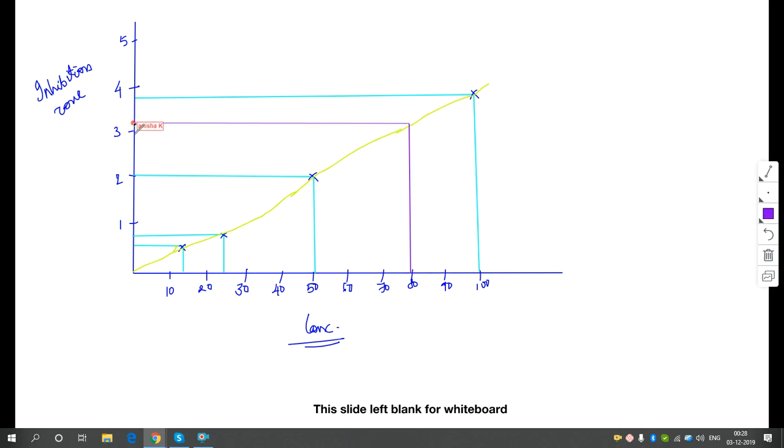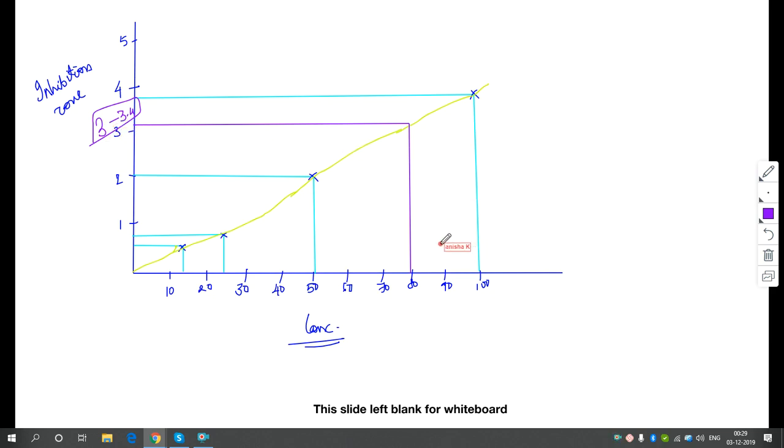Approximately it should be around 3 to 3.4. So that will be my area of inhibition of 80%.